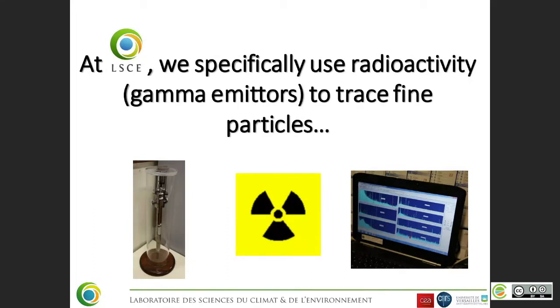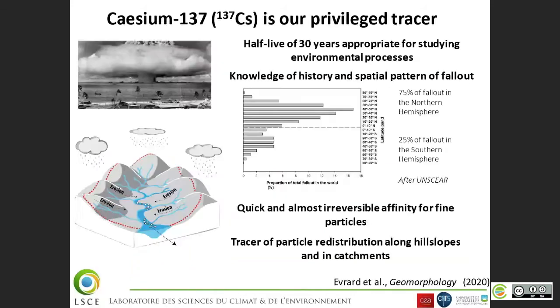And so I'm quite in this part of the historical research of LSCE, where we measure radioactivity to try to trace finally this sediment across landscapes. And we use, in particular, the gamma emitters, so the most energetic rays.